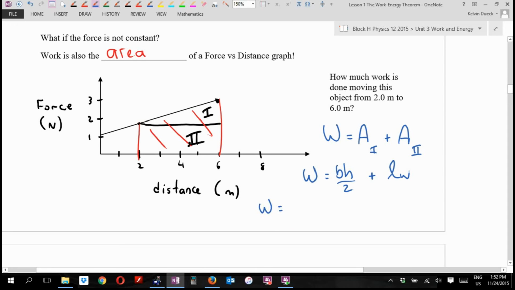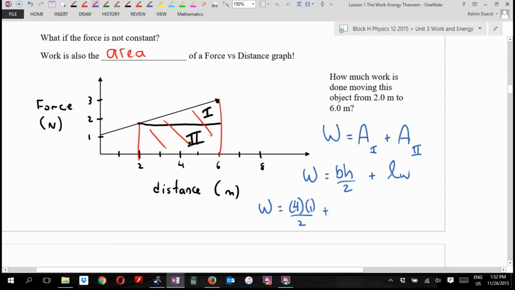So, how much work did we do moving this object from 2 meters to 6 meters? How long is the base of triangle area 1? 4? What's the height of triangle area 1? Careful, don't say 3. From here to here. 1, yes? Divided by 2 plus, let's look at the rectangle.